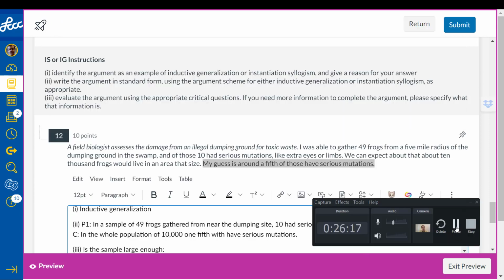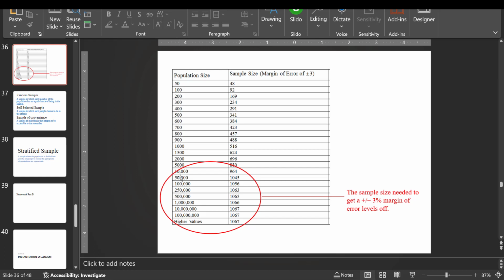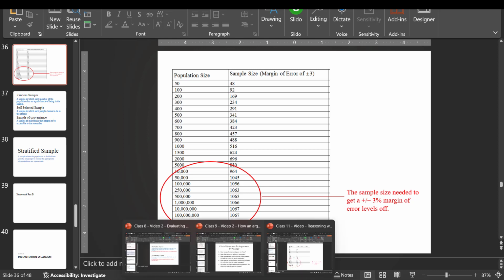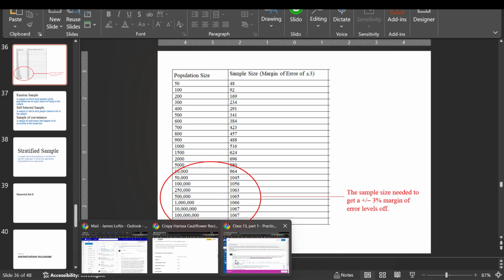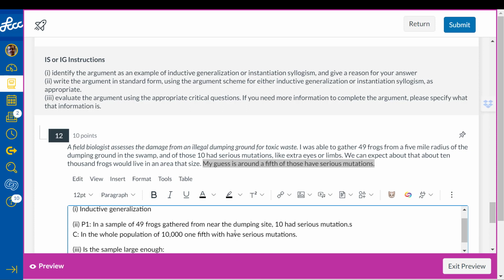So for a population of 10,000, to get the desired plus or minus 3% margin of error, you need about 1,000 individuals, which, that's no good, right? 50 is way off the mark. Is the sample size large enough? No. And I'm just going to spell out a bit of detail here and say 10,000 is a big population, so you need a larger sample.